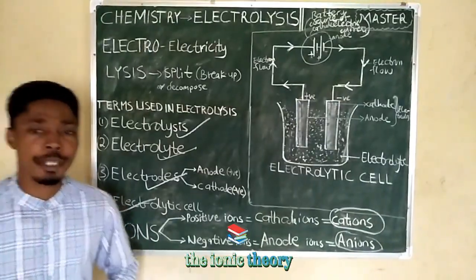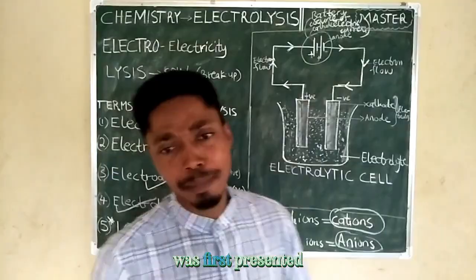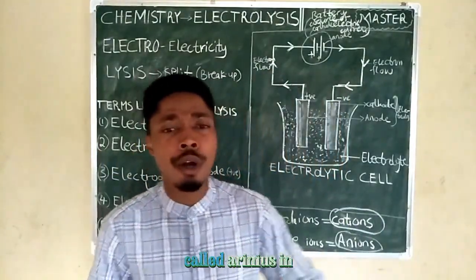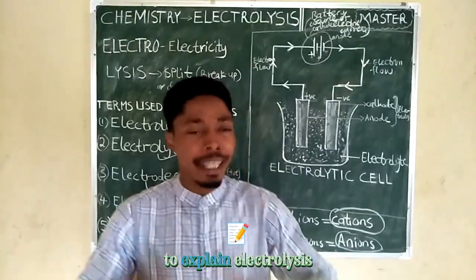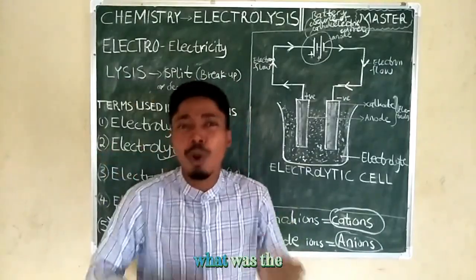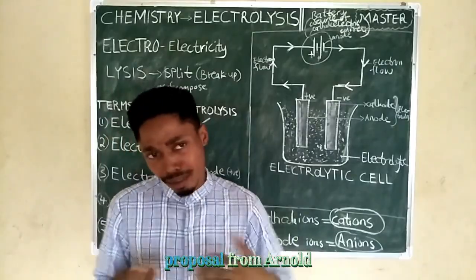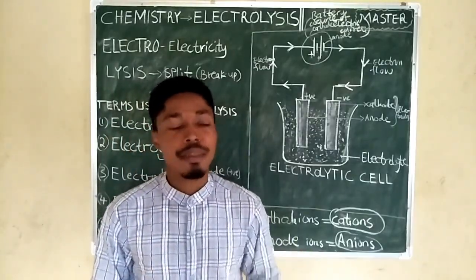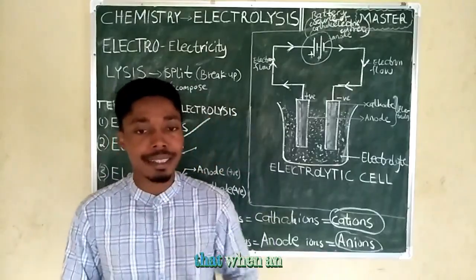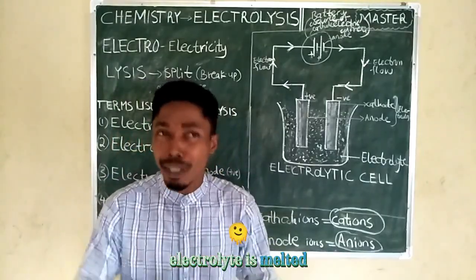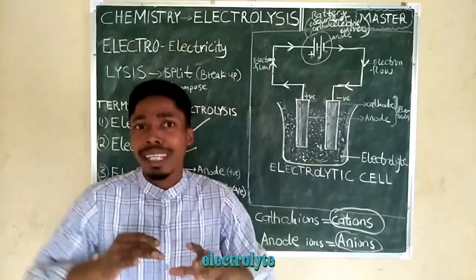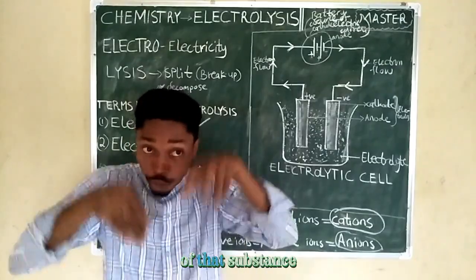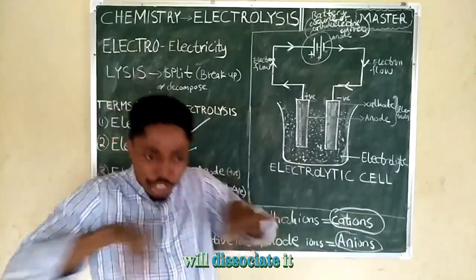The ionic theory was first presented by a man called Arrhenius in 1887 to explain electrolysis. What was the proposal from Arrhenius? This theory proposed that when an electrolyte is melted or dissolved in water, some of the molecules of that substance, if not all, will dissociate.